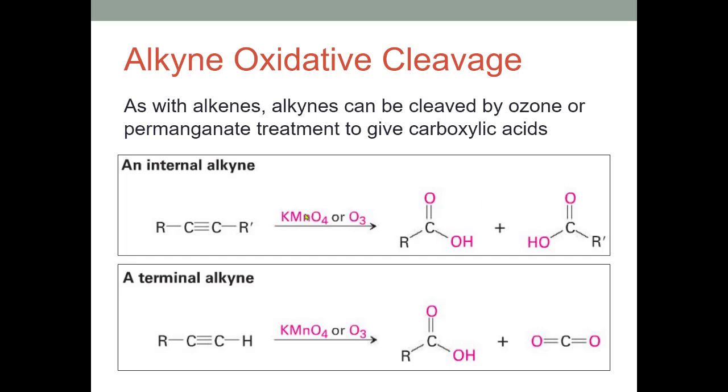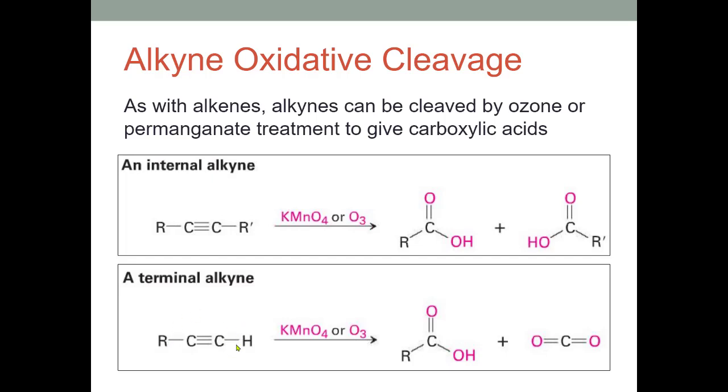And it doesn't matter which oxidizing agent I use. That makes it a little simpler than chapter 8 when we had to be a little more finessed about which one we were using. If we have a terminal alkyne, the internal side of it is exactly the same as this, so we get a carboxylic acid. However, the side that's at the end, that's connected to hydrogen, we can break that CH bond. We couldn't break the CC bond over here with this mechanism, but we can break the CH bond.